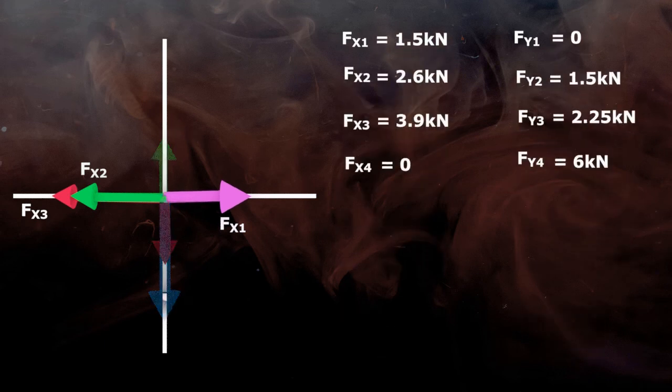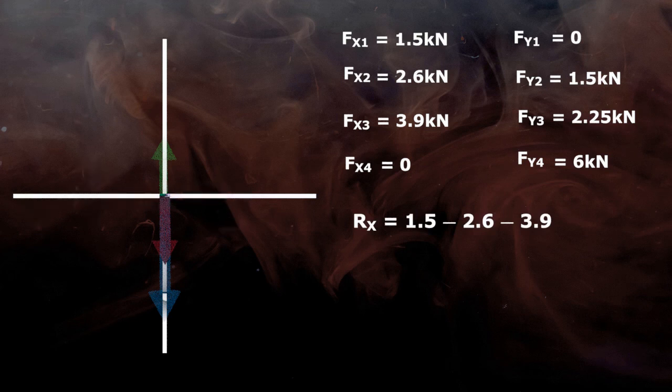As all the horizontal forces acting along the x-axis are in the same line, the next step is to find the resultant force Rx by adding all the horizontal components. Here Fx2 and Fx3 are collinear to Fx1 but in the opposite direction, so they will be subtracted. So Rx is minus 5 kilonewton.